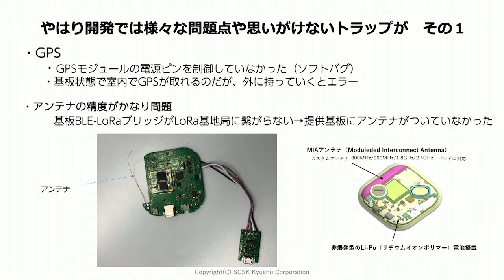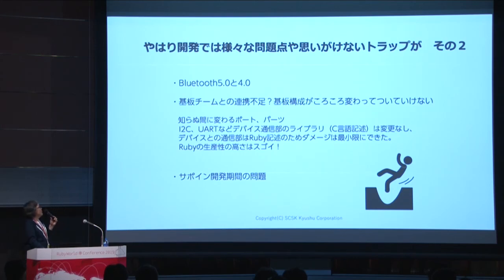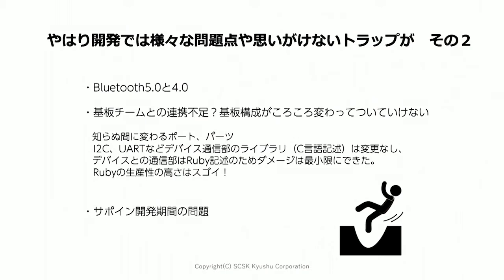And the next one, the bridge does not connect to the LoRa base station. This is a BLE. And I asked to put an antenna, and the constant is calculated. This is a proper antenna, and it started to function finally. This is for 4 bands, and a very excellent antenna was put. And Bluetooth 5.0 is a long-range version.